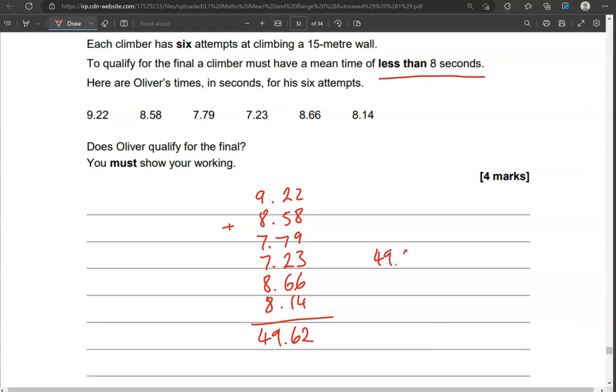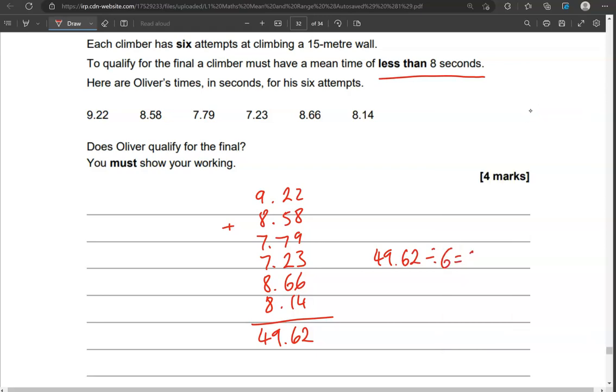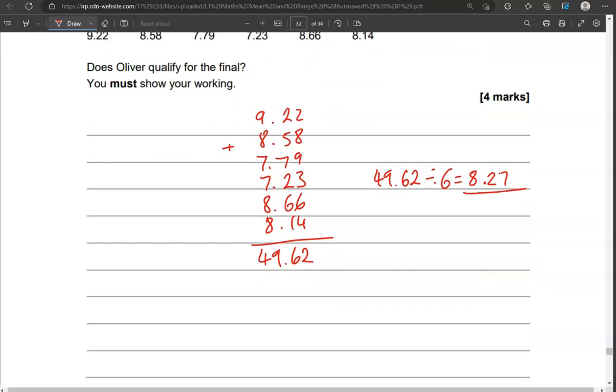So 49.62 divided by 6 gives us 8.27. So this is more than 8 seconds. So we're going to say that he does not qualify.